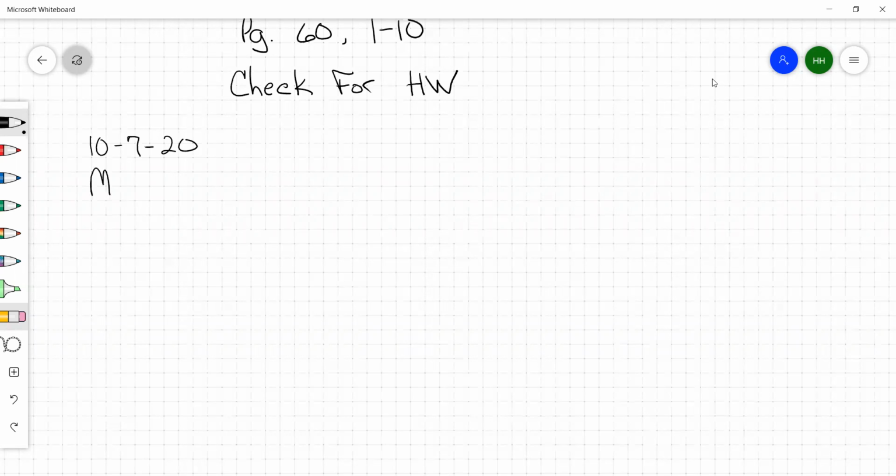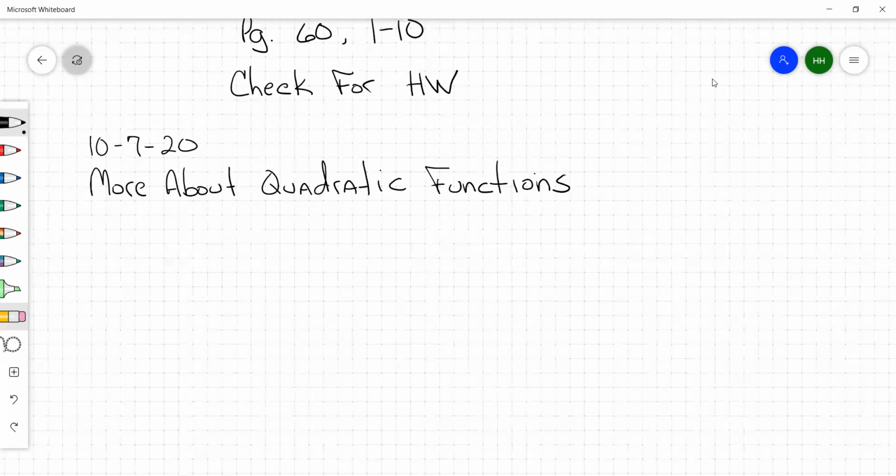All right, let's see. Today we're going to talk more about quadratic functions. More about quadratic functions.